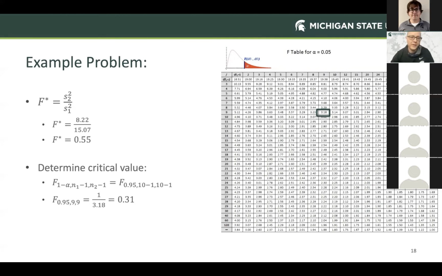If our F statistic was less than 0.31, we would have sufficient evidence to reject. In this case, we're not quite that low, just as we're not quite that high in the preceding example. So we do not have sufficient evidence to reject the null, and consequently, we can't claim that those variances are significantly different from one another.